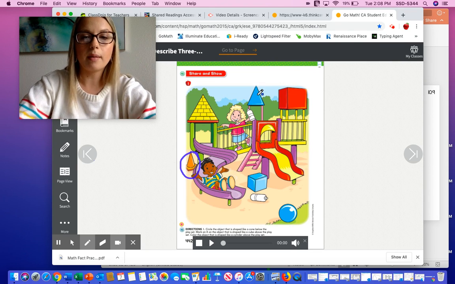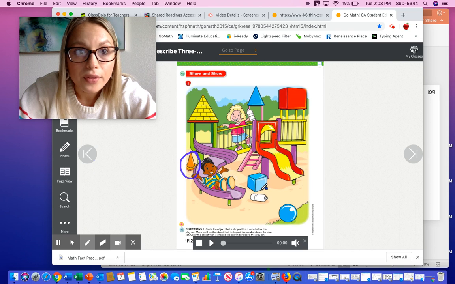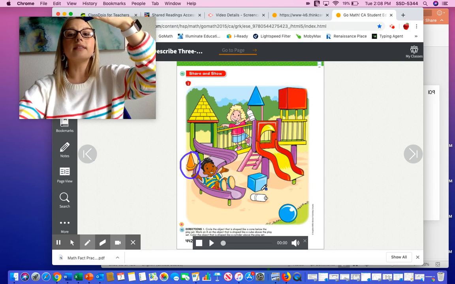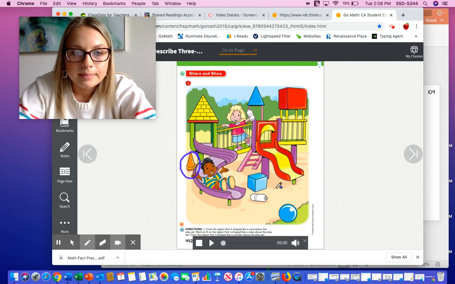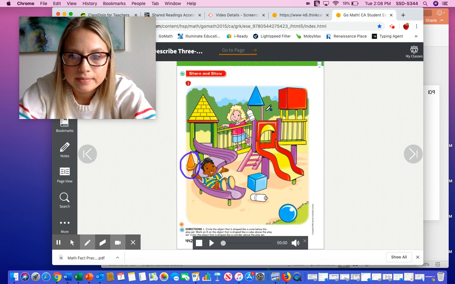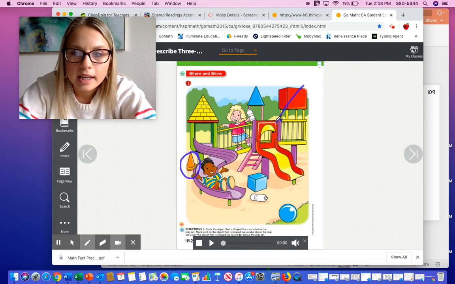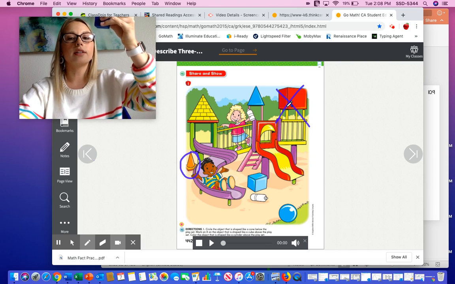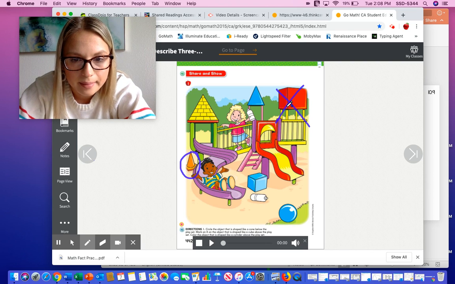Let's look for something up high that's shaped like a cube. That's a cube. But is that above the playset? No. Do you see anything? Oh, there it is. X marks the spot, right? That's a cube and it's above or on top of the playset.